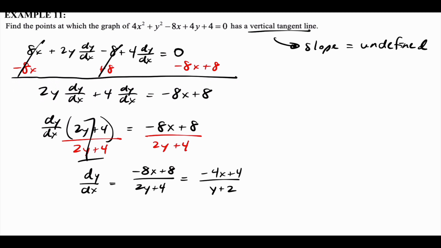To be undefined, I don't care about the top. The top is meaningless to me, because zero is going to be on the bottom. So I'm going to set the bottom equal to 0. Where is that going to be 0? Negative 2. So when y equals negative 2.